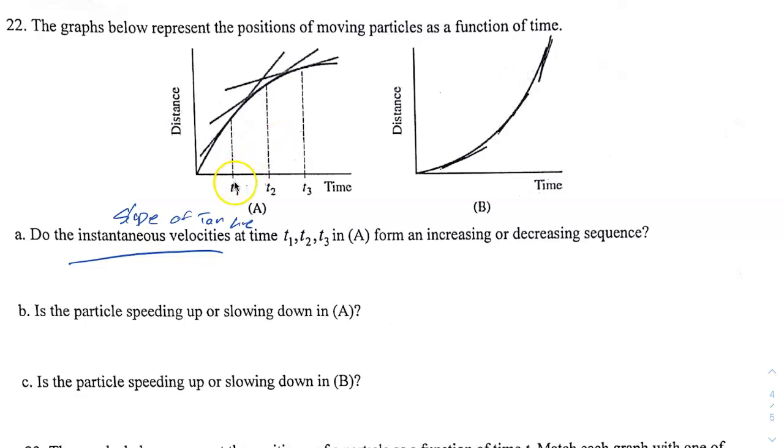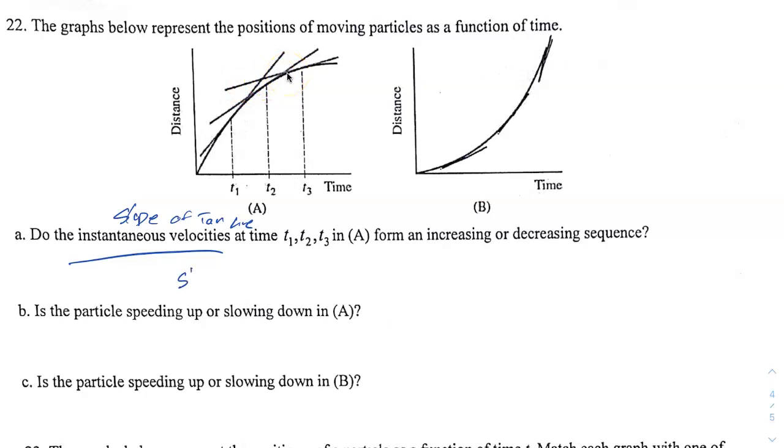At t1 we have a slope, that's our slope right there. At t2 we have this slope. Now you have to decide, is that slope higher or lower than this slope? If you took the slope of this, you might get, I don't know, 3. If you take the slope at t2, it's a little bit straighter, so it'll be something like 2. And then the slope at t3 is even more straight. So your slopes are decreasing.